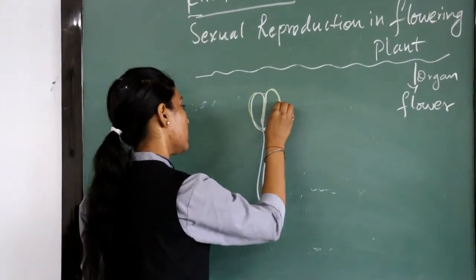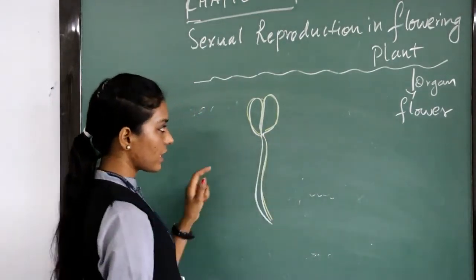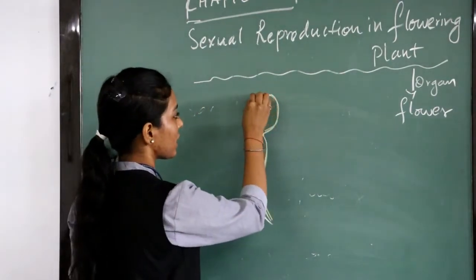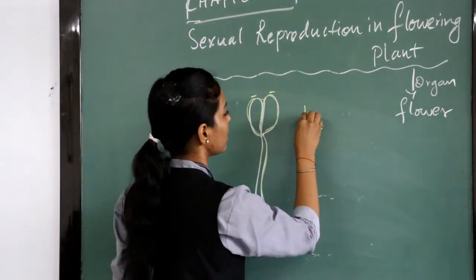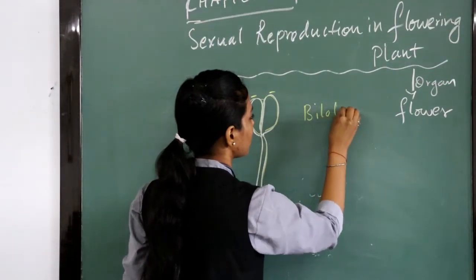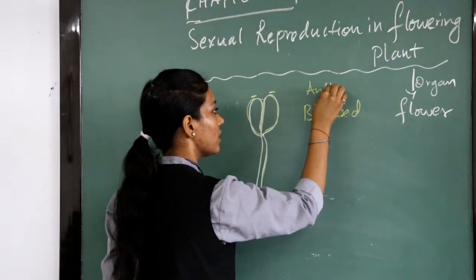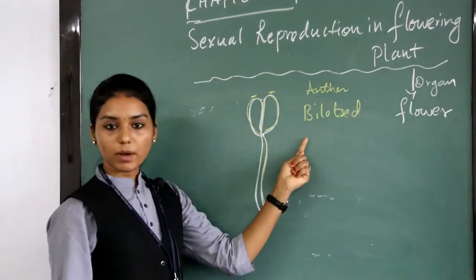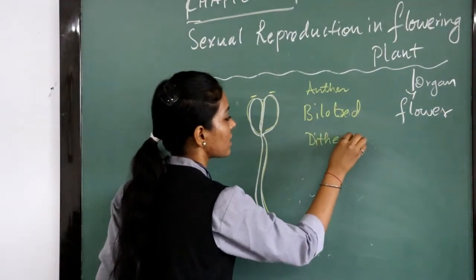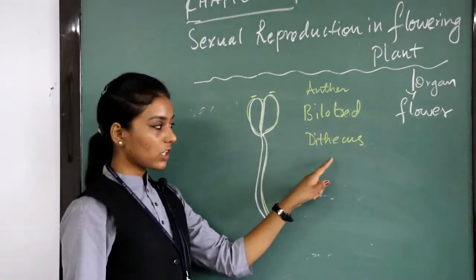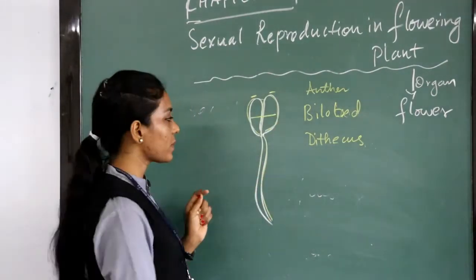Anthers are bilobed because they have two lobes. दो lobes है यहाँ पे, this is the first and this is the second lobe. Structurally they look bilobed, and they are also called dithecous, because they have four lobes present inside.